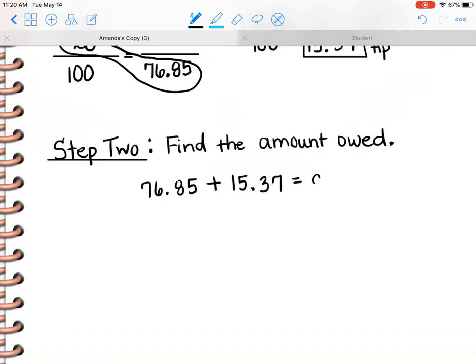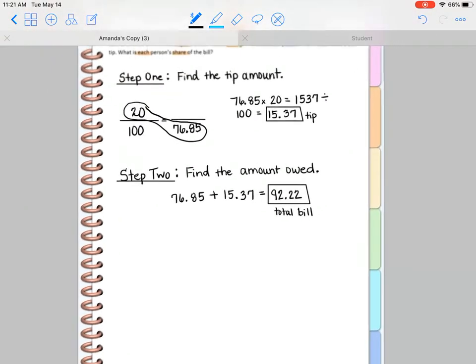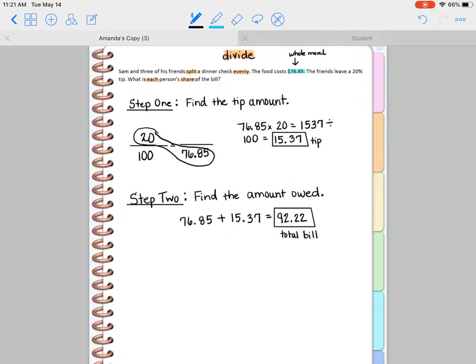And I came up with $92.22. And I always like to write down what that is. That's our total bill. So we found the tip, we added it to the total, but we still haven't divided.